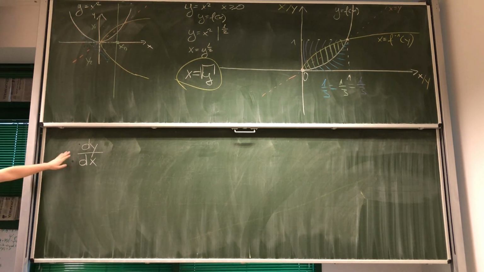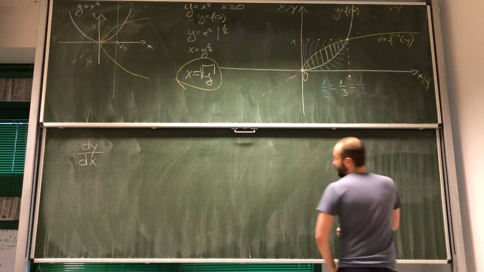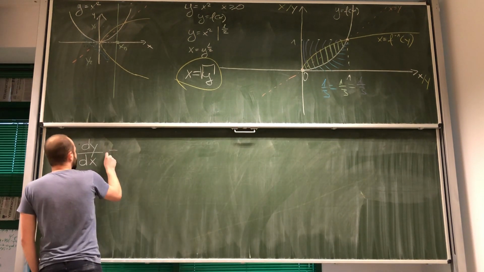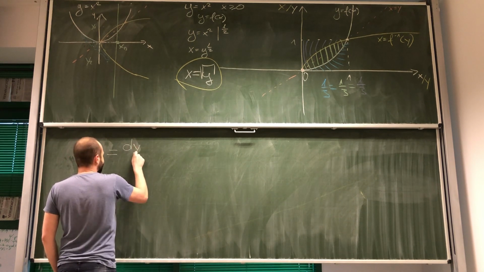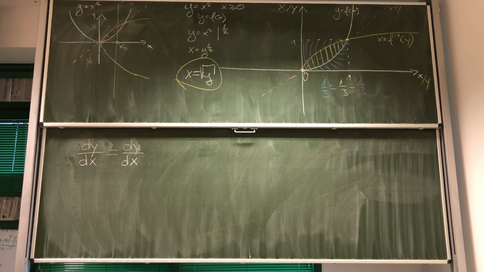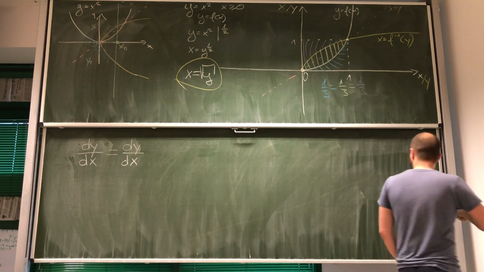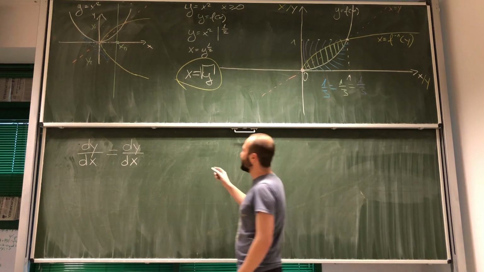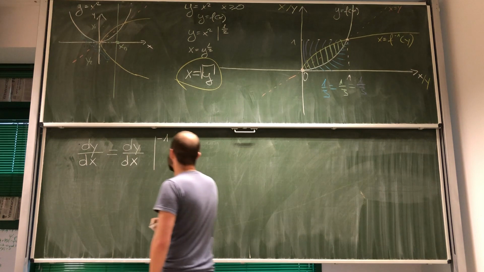And this is something we're going to take advantage of this time as well. Look, so what we're going to do over here, again, I'm going to start with the same thing I've been telling you all along. So dy/dx is equal to dy/dx. And of course, this must be true because we have the same thing on both sides of the equation. And now look, what I'm going to do is take both sides of the equation to the power -1.